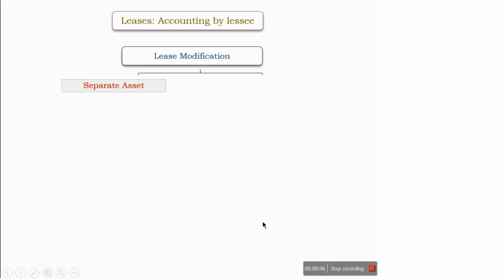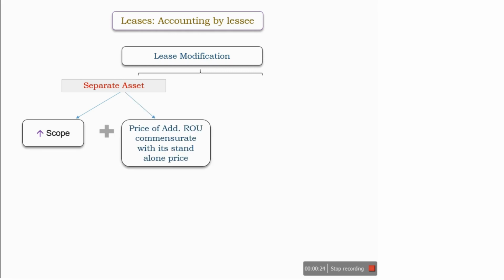So the next topic is lease modifications. Lease modifications will either be booked as a separate asset or will be booked as a reassessment of lease liability. In case of booking as a separate asset, it needs to satisfy two conditions. First, there is an increase in the scope of the lease, and second, the price of the additional right of use is commensurate with its standalone price.